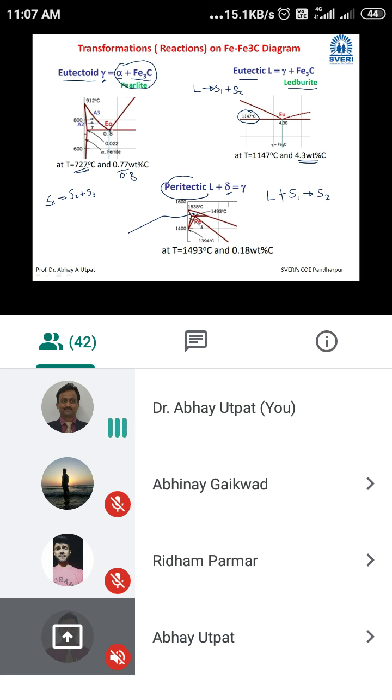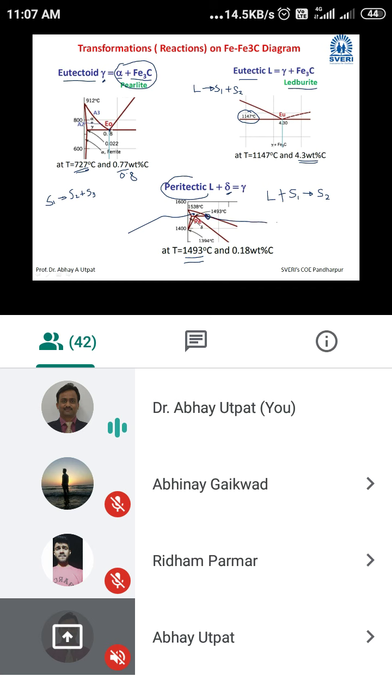This reaction takes place at 1493 degrees Celsius. Now, this reaction will no doubt happen in steel. But which steels? The steels which have less than 0.55% carbon, because I am showing the mark here.